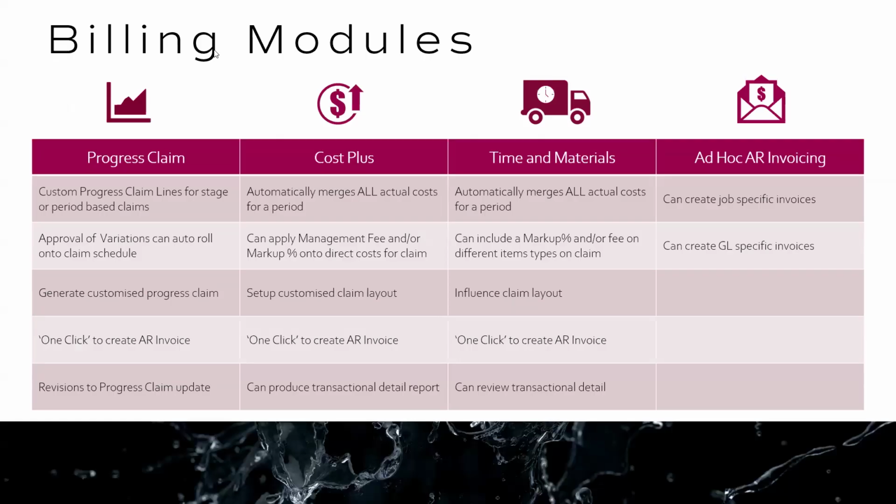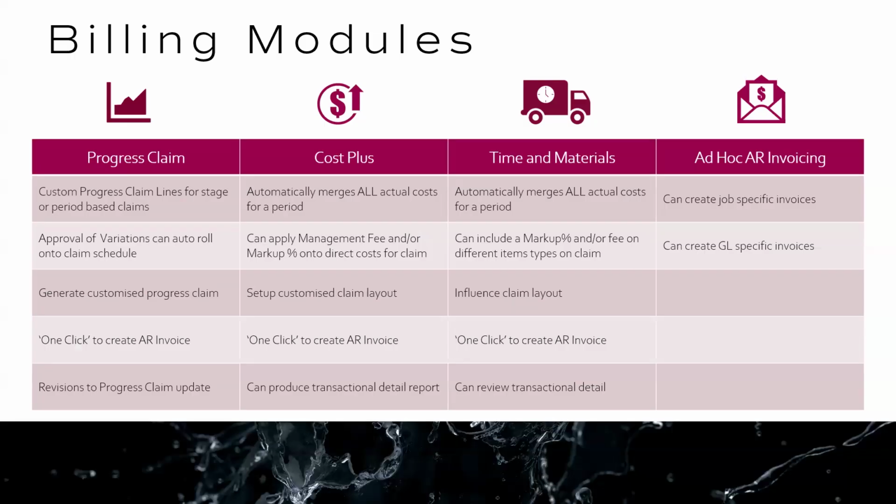Okay, so billing modules in Premiere, we've got 4 options that are available here. Today we are focusing on the progress claim module, as we'll call it. There are other options there called Cost Plus, time and materials, and the final one down there, ad hoc AR invoicing, that'll be covered in an accounts session. Effectively, ad hoc AR invoicing is used for things that aren't part of a progress claim.